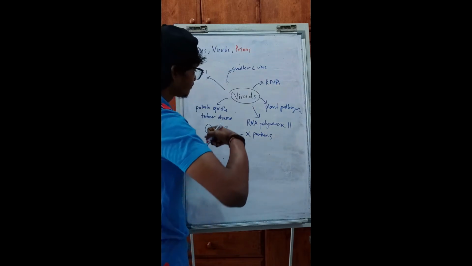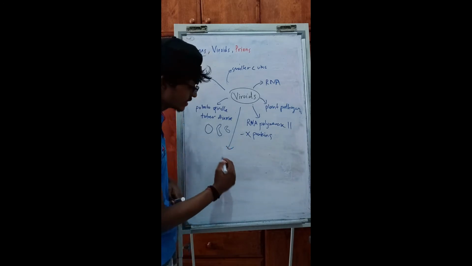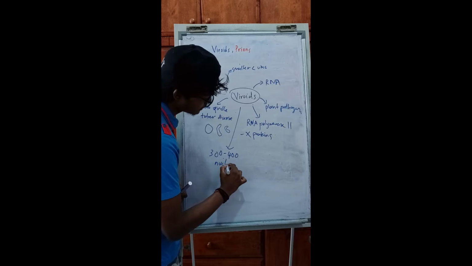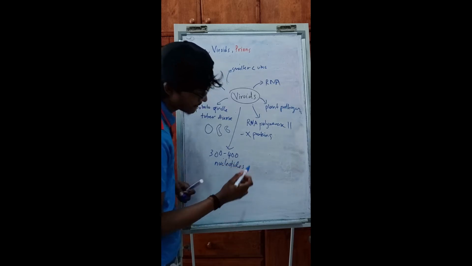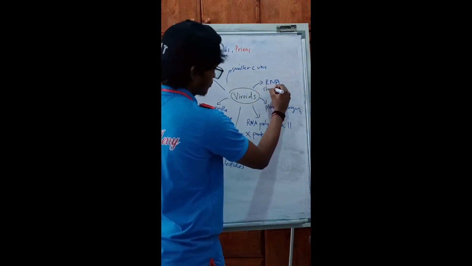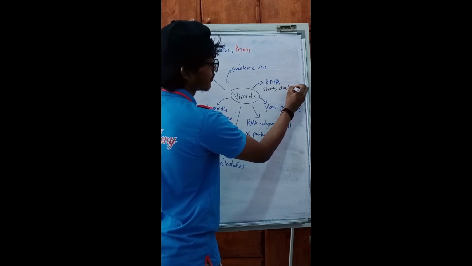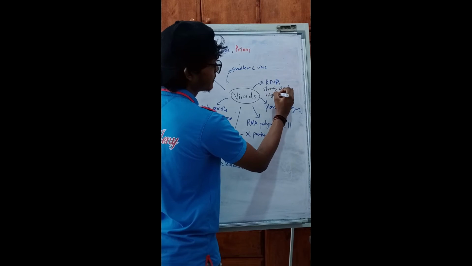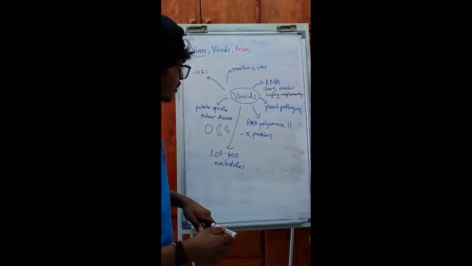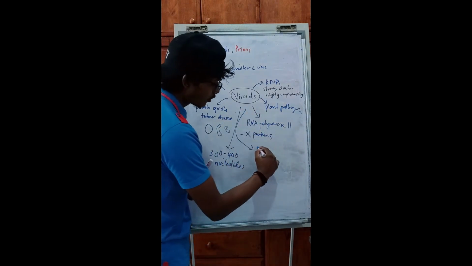Another thing is that the RNA is very small, only 300 to 400 nucleotides in length, circular, and highly complementary. Another point is that these viroids do not have a protein code.